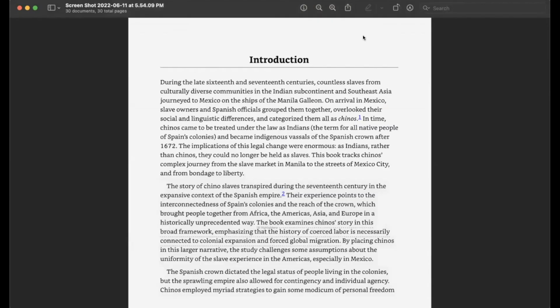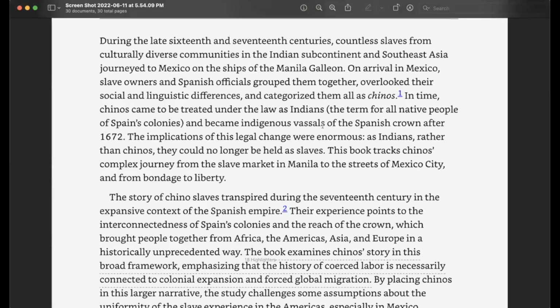It says here in the introduction, during the late 16th and 17th centuries, countless slaves from culturally diverse communities in the Indian subcontinent and Southeast Asia journeyed to Mexico on the ships of the Manila galleon.